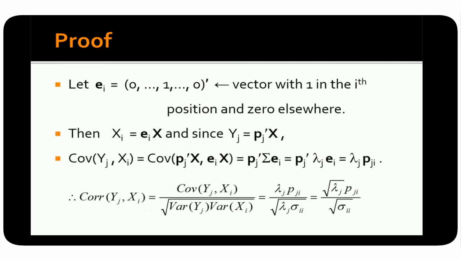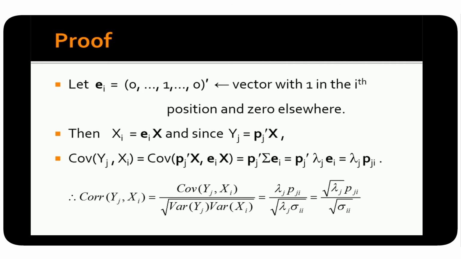How do you prove this? Let us take e_i as the unit vector with 1 in the ith place and 0 elsewhere, so that I can write xi as e_i prime x, and we can write the covariance between xi and yj as the covariance between e_i prime x and p_j prime x, that is equal to e_i prime sigma p_j.